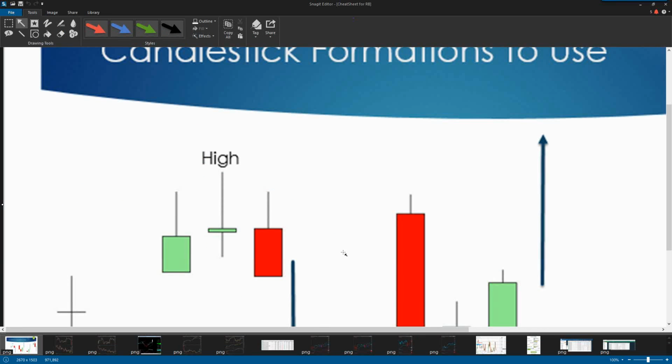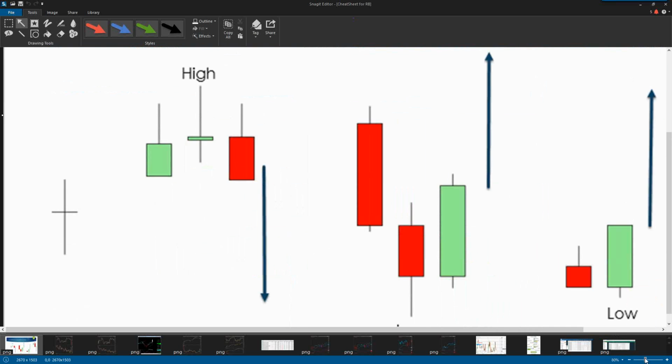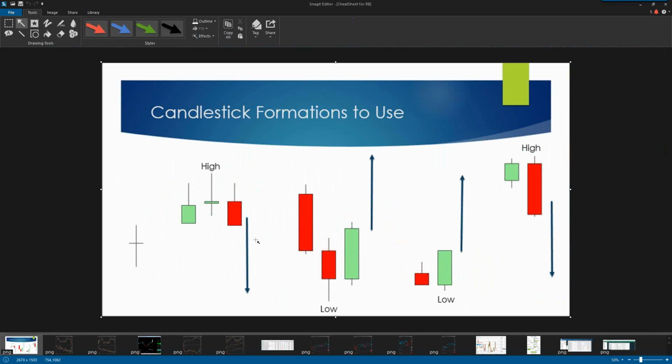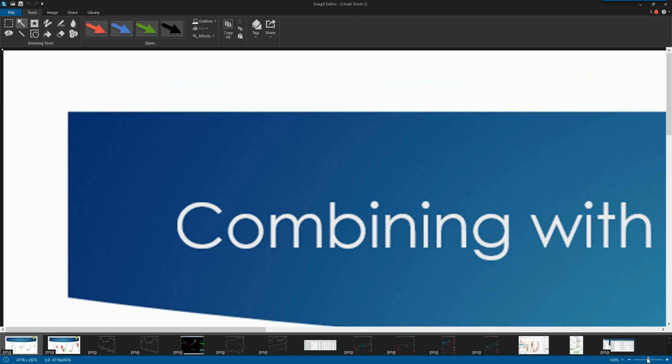This means more than likely it's going to go down. This means more than likely it's going to go up. There we go. So you've got down, up, up, down, and then the second portion of that one would be this one.